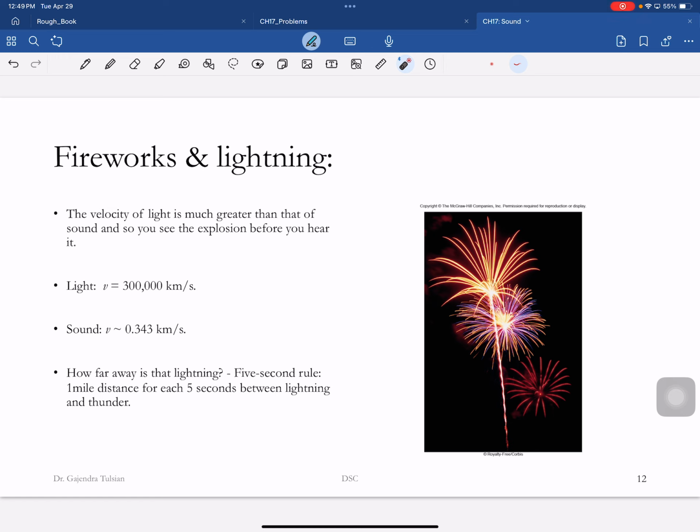You always see the flash of lightning first, and then you hear the thunder. If you hear the thunder 5 seconds after you see the flash of lightning, then that's a mile away. If you hear the thunder 10 seconds after you see the flash, that's 2 miles away.